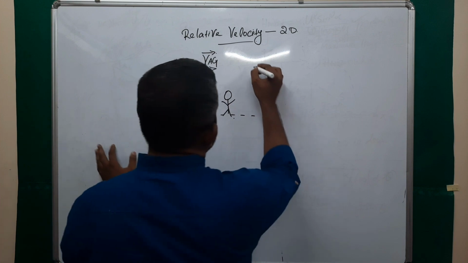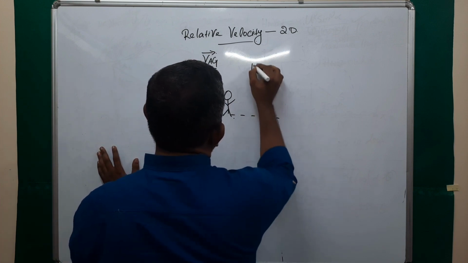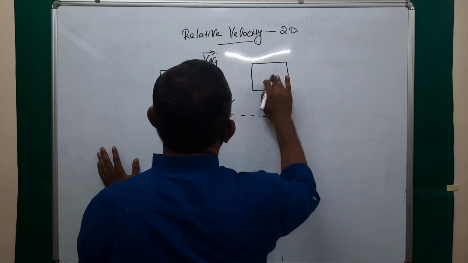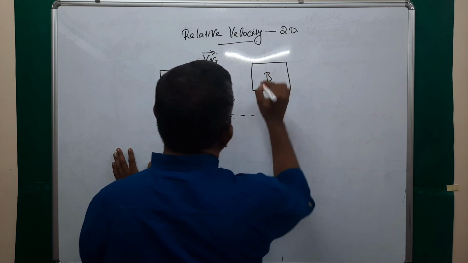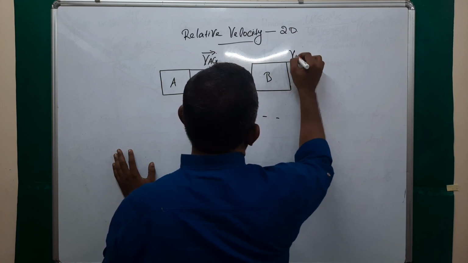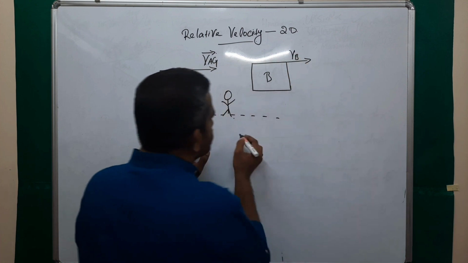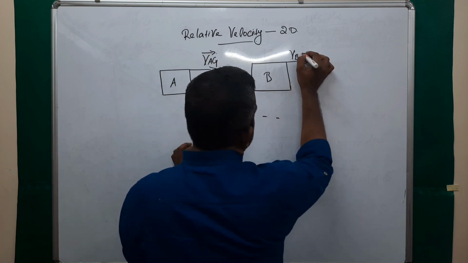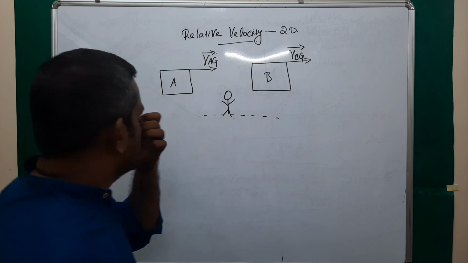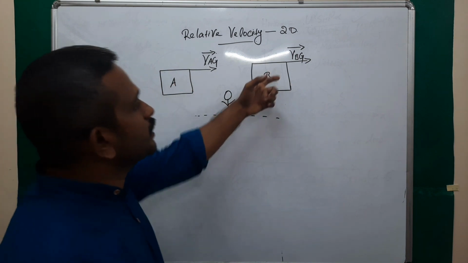Another object, object B, is moving with velocity VB vector. The correct way of writing that is VBG, velocity of B with respect to ground.